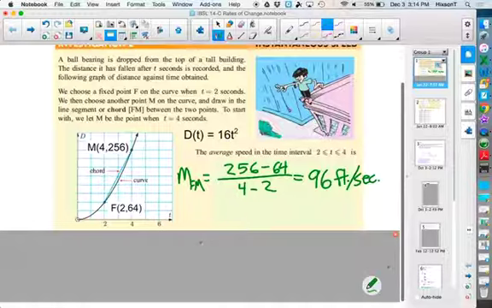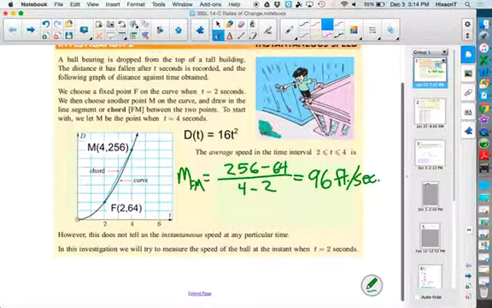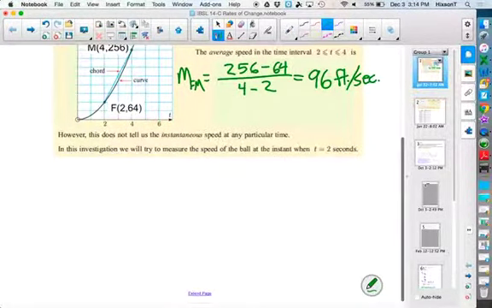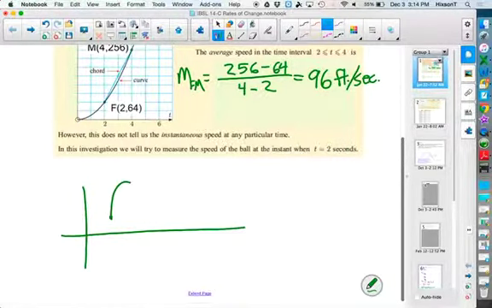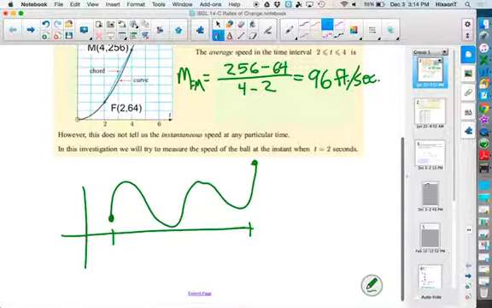And the cool thing about this, guys, is even if our model looked something like this, even if our model went from here and it went up and down like this, if we wanted the average speed between this time and whatever this time was, all we would have to do is find the slope of that segment.